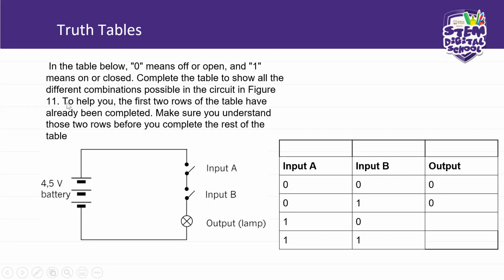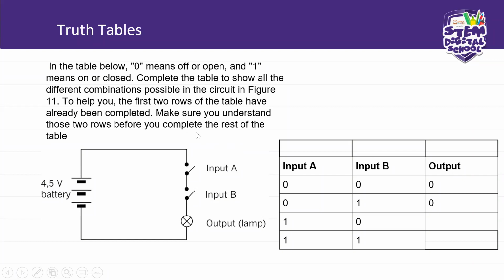In figure 11, this is figure 11, you'll be doing this. I took this from your workbook, the Sasol Inzalo workbook. You will find it in your learner's book. To help you, the first 2 rows of the table have been already completed. Make sure you understand those 2 rows before you complete the rest of the table.